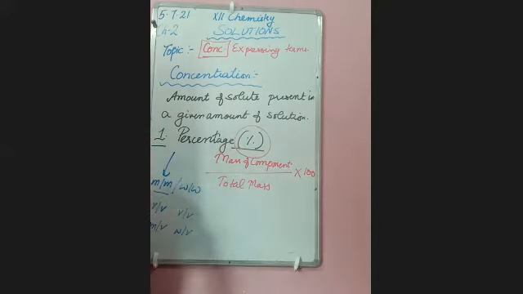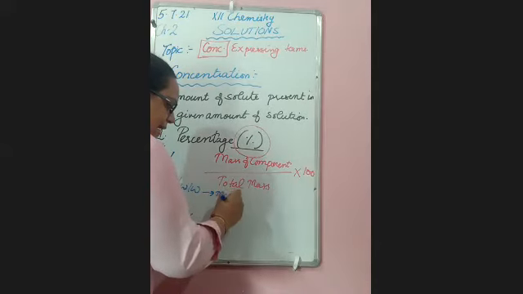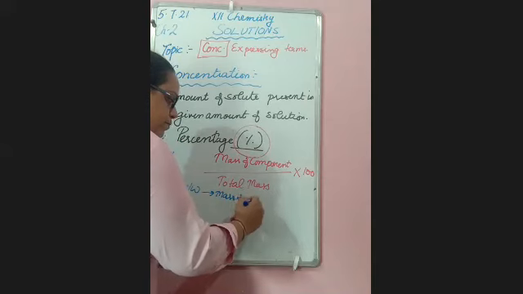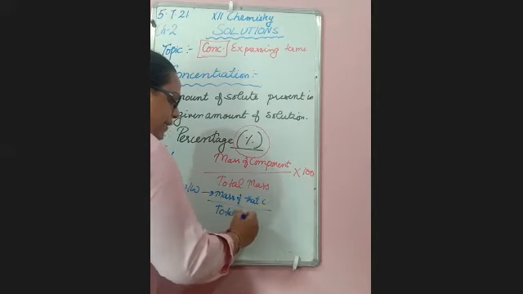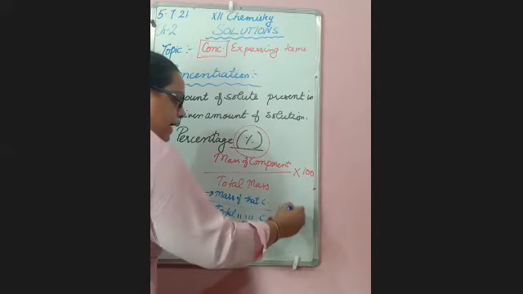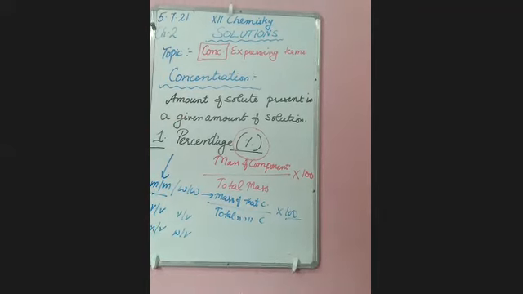So, first M by M. M by M means mass percentage of a component, which means mass of that component divided by total mass of all the components into 100. Simple. Next is your V by V. V means volume, and volume is for liquids.